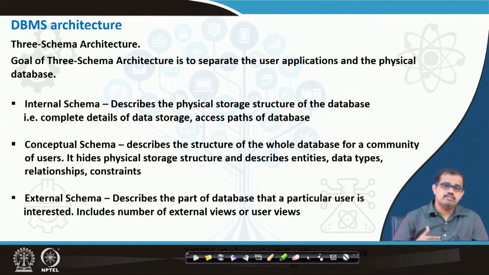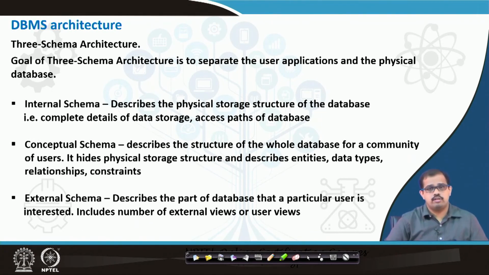It also tells you how to access the different data stored in different paths. So how it is stored, where it is stored, and how we access it are all provided in the internal schema.